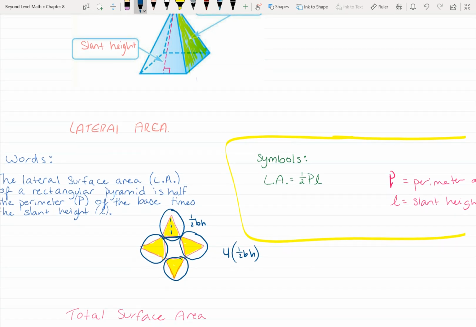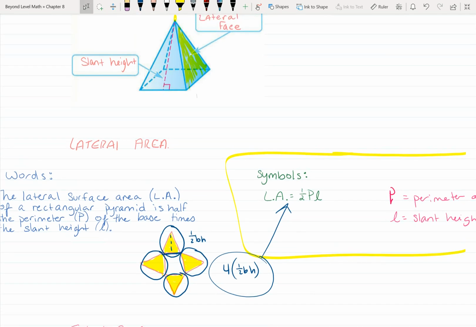Now, this does not look the same as this. However, it is the same. And that's because the commutative property tells me that I can multiply in any order, right? So instead of doing 4 times 1/2 times base times height, I could do 1/2 times 4 times base times height.